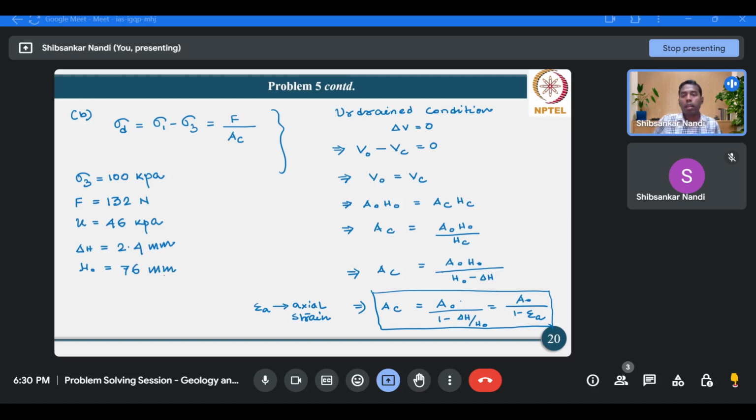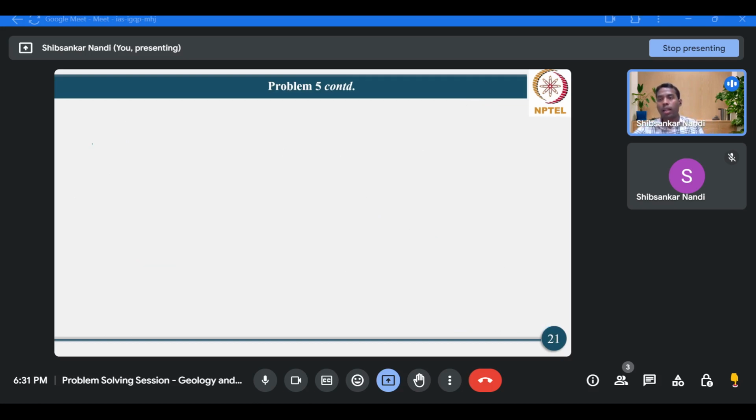So therefore, we can calculate the deviatoric stress at failure after calculating the corrected area. So AC is A0 divided by 1 minus epsilon A. Now what is A0?